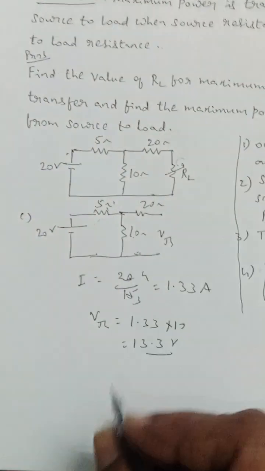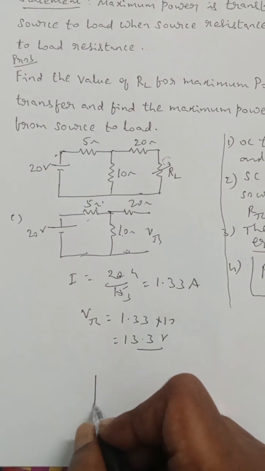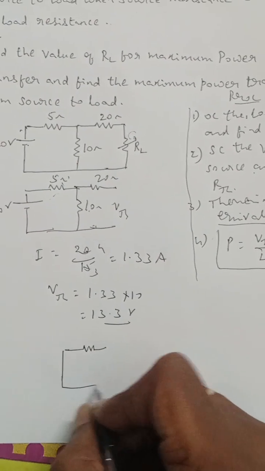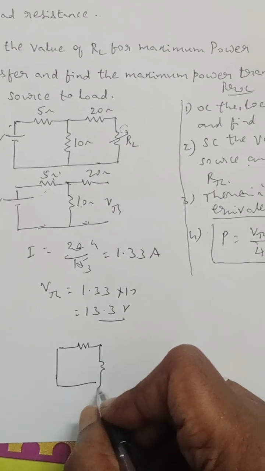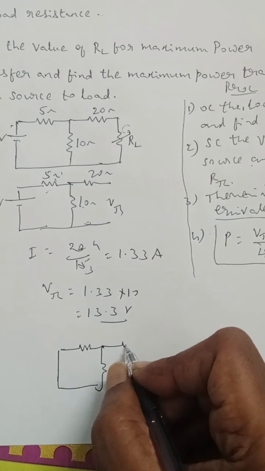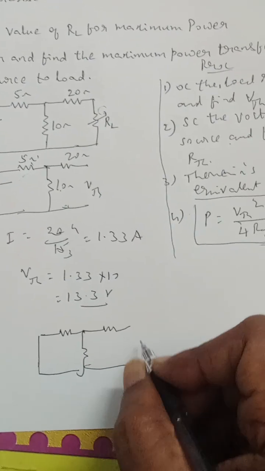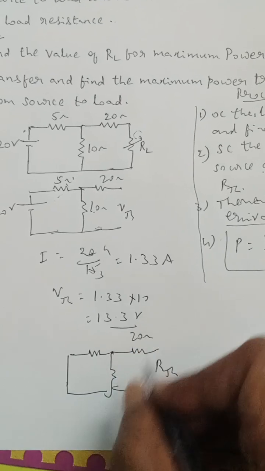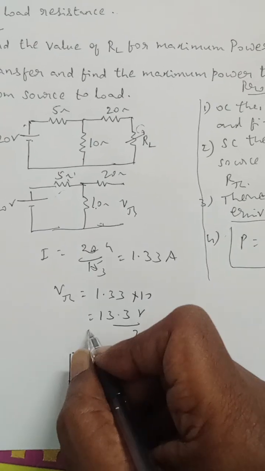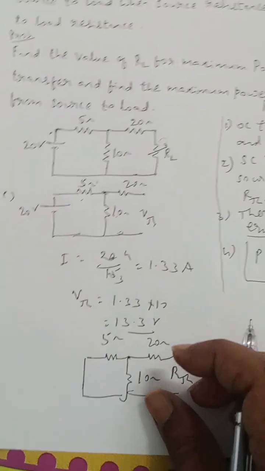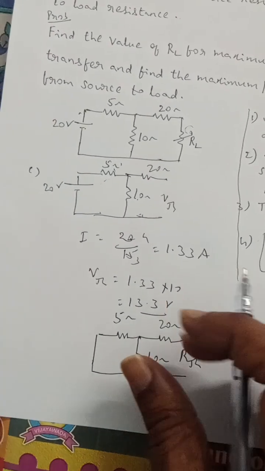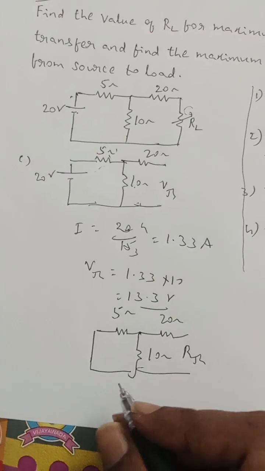Okay. So now let us find R Thevenin's here. R Thevenin's: short circuit the voltage source. This is my R Thevenin's circuit, 20 ohms, 10 ohms and 5 ohms. Now 5 ohm and 10 ohm are in parallel and this combination is in series with 20 ohms.